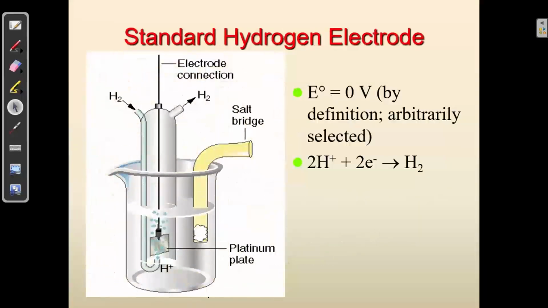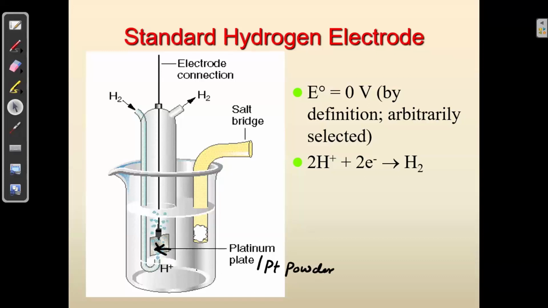Now, how does it work? The preparation or the setup of the hydrogen cell is usually asked. So there is a glass hollow tube. There is an electrode which is made up of platinum. This is the platinum plate, further coated with finely powdered platinum.